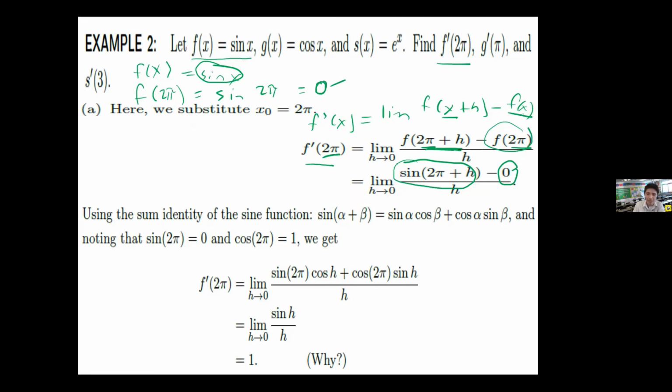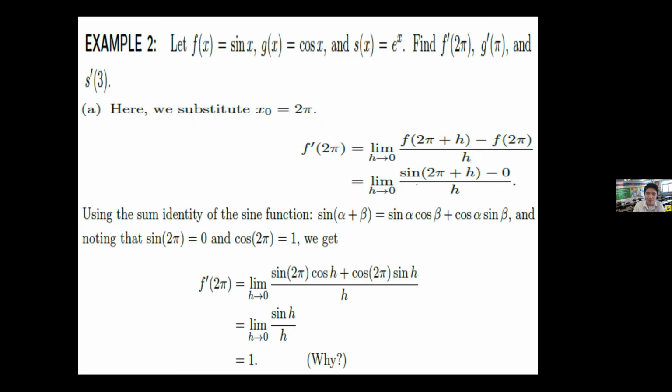And then, kung tanaw nato from this one, i-applyan niya karon og addition identities. Recall tong addition katong sin cos cosine sin, nagamit na nato tong pre-cal nato nga discussion. So since sin of A plus B is sin A cos B plus cos A sin B, pwede nato siya ma-expand.